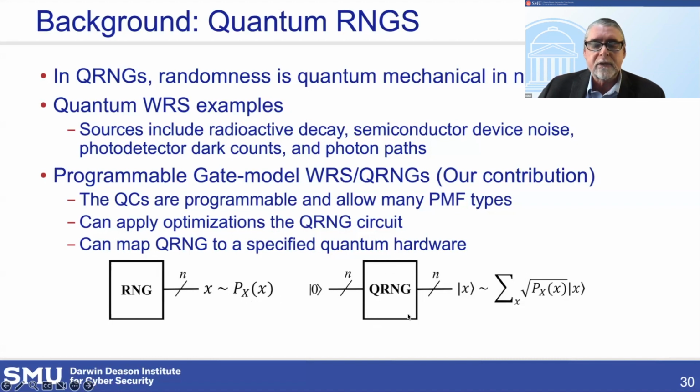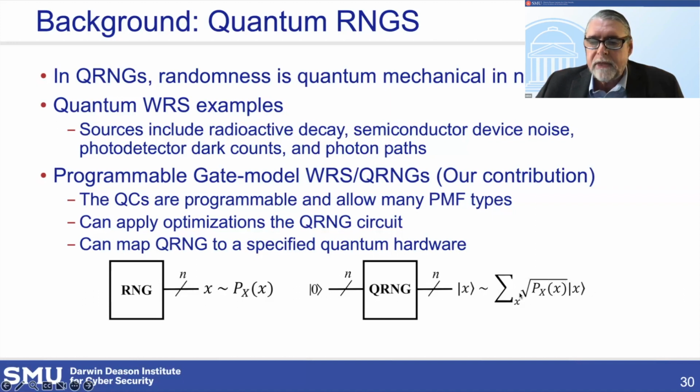In our case, we're going to start off with a user-defined number of n qubits and a user-defined probability mass function. And we're going to synthesize an oracle that evolves these qubits in a basis state into a superimposed version of the desired probability mass function.